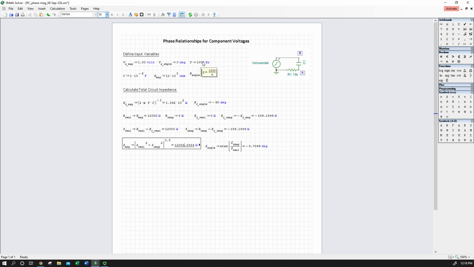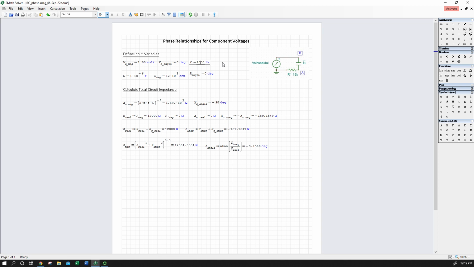If we want to do a super quick check on this, just to make sure we haven't gotten a sign wrong or something, one thing that we could do at this point is to go up into our frequency and say, let's go with a really low frequency that's almost DC.